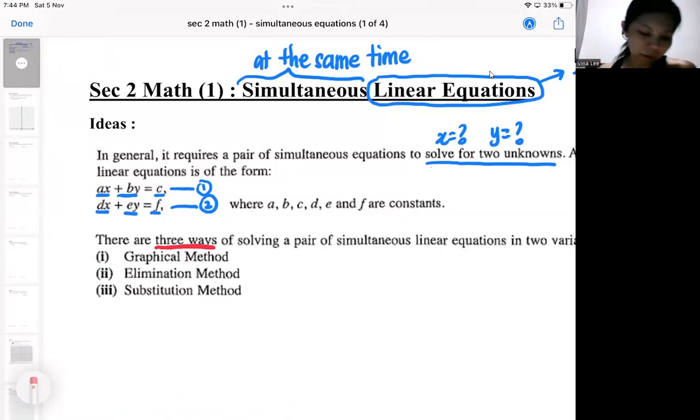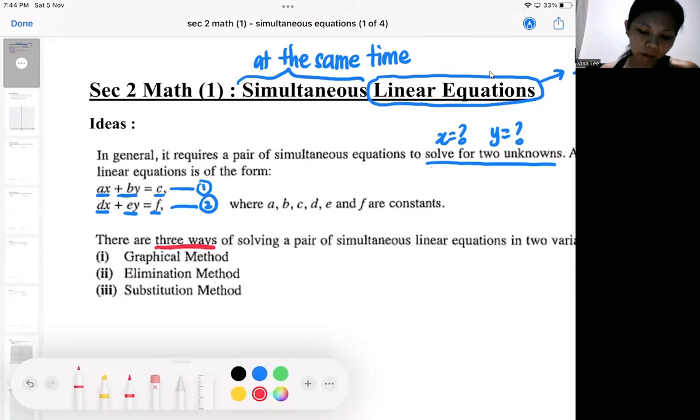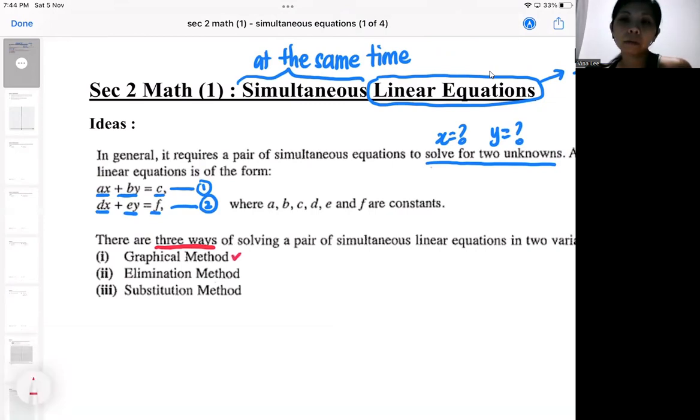Usually for the graphical method, they will tell you that one needs to be used. When we say graphical method, it means you find the answer using graph paper. The elimination and substitution methods are what we call the algebraic methods, which means we do it in a very algebraic way.